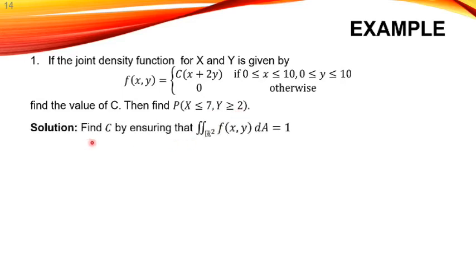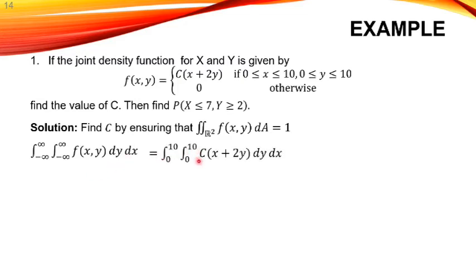Solution: finding c by ensuring that the double integral of the density function dA in R squared is equal to 1. So how is that done? Let's evaluate the double integral of the density function by substituting the density function c times x plus 2y evaluated from 0 to 10 on both x and y.